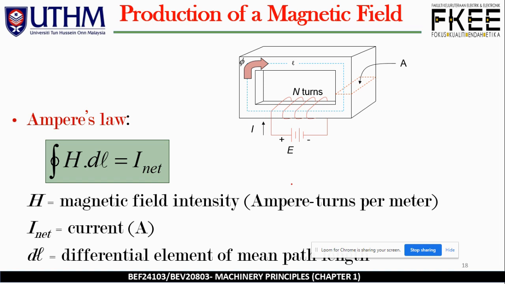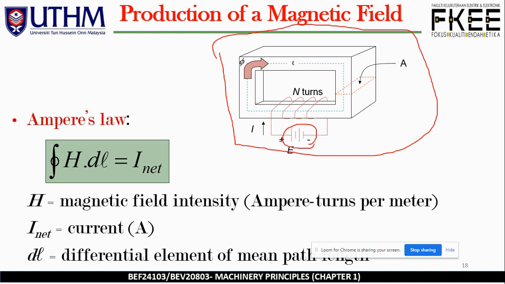Production of a magnetic field. This is a simple diagram of our core, our coil over here with N turns, and then we have current, the supply as well, E, with positive and negative terminals, I. From here the dotted blue line is the direction of phi, the magnetic flux, and L is the mean path length of the core where flux is flowing within.